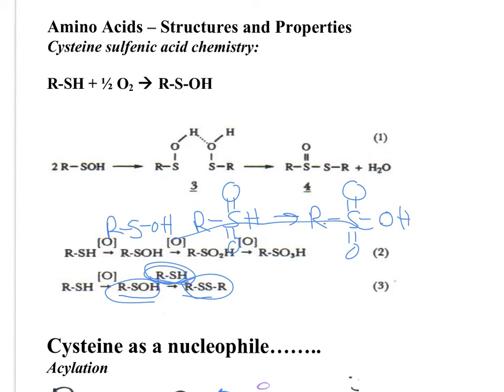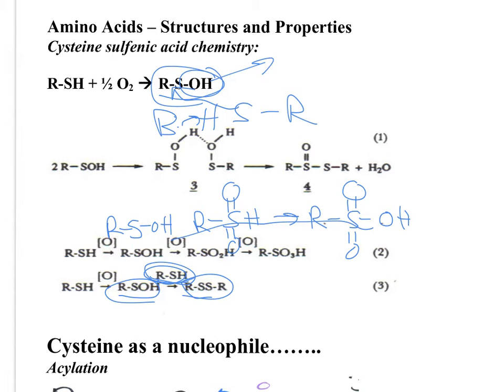In the common pathway for disulfide formation, you get the formation of a sulfenic acid and then the sulfhydryl from the nearby sulfhydryl, I should say. A base picks off the hydrogen, then that attacks there, and this OH is released.